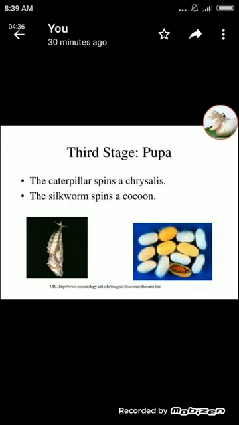It secretes a proteinous substance which, when it comes in contact with air, hardens and becomes silk fiber. This is called a cocoon. The further development of the pupa into a moth continues inside the cocoon, and then it becomes the adult silk moth.